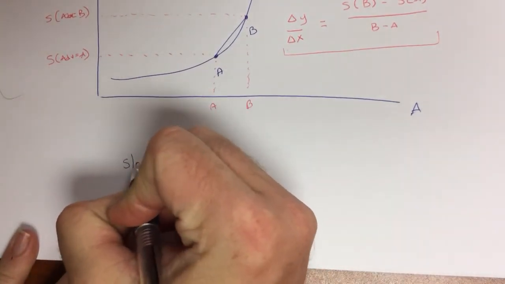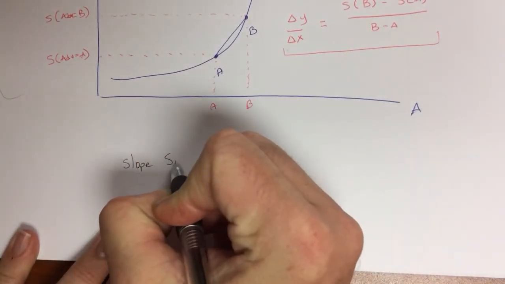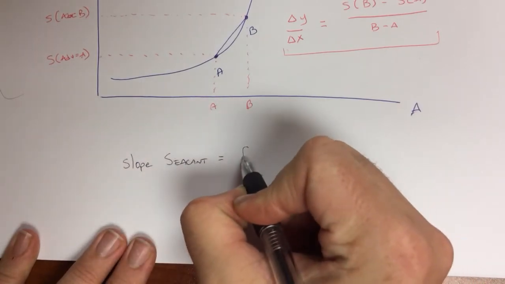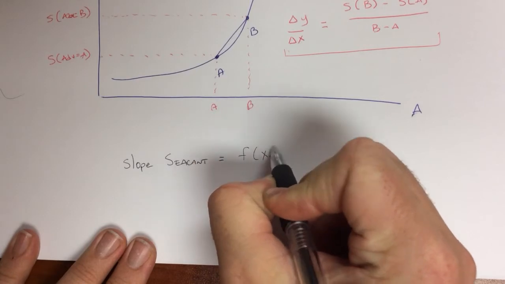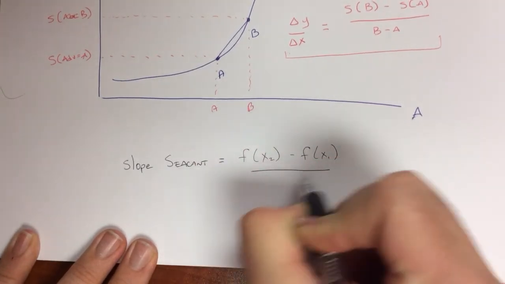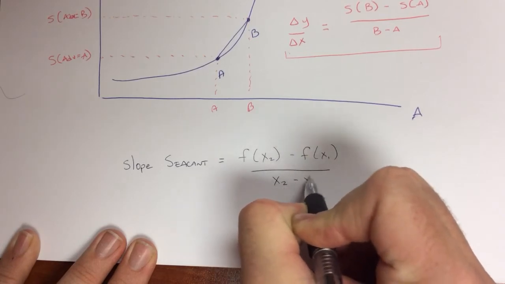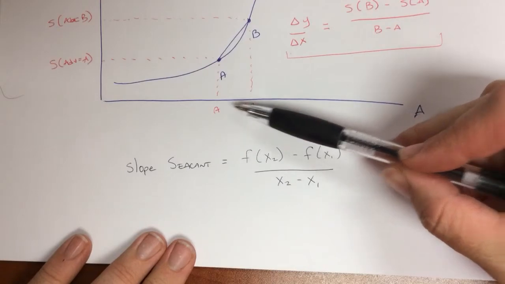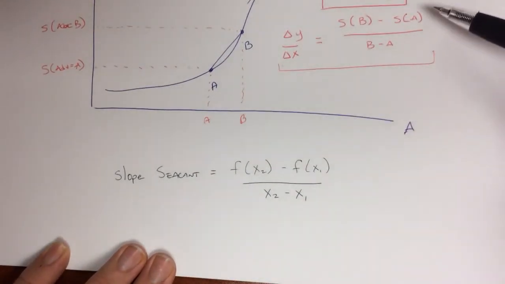We say the slope of the secant is equal to f of x2 minus f of x1 all over x2 minus x1. So here b is x2 and a is x1, so we see how they relate.